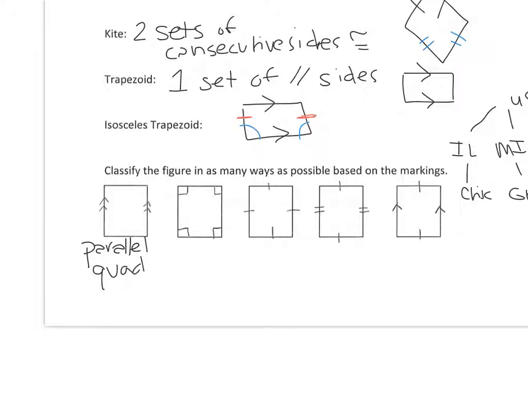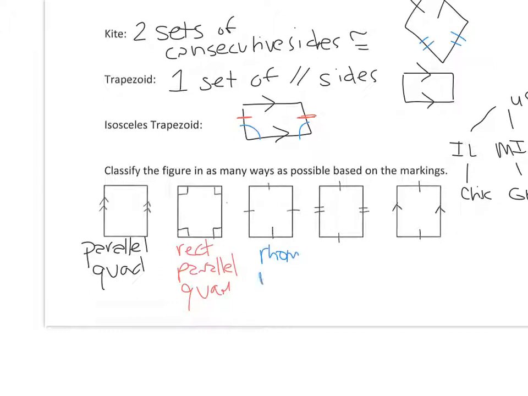This one has 4 90-degree angles, so this has to be a rectangle, and we know if it's a rectangle, it's a parallelogram, and if we know it's a parallelogram, it's a quadrilateral. This next one has 4 congruent sides, but there's no other angle markings, so it's a rhombus.